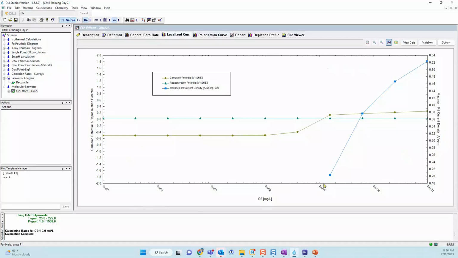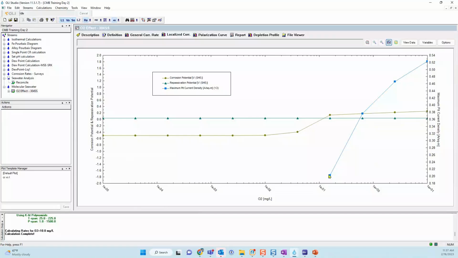The software is also calculating the maximum pit current density of the pit that you're forming on the metallic surface. One rule of thumb, when you see this maximum pit current density in amperes per square meter, that's the unit you need to use, is that 1 ampere per square meter is equivalent to 1 millimeter penetration depth for a pit.